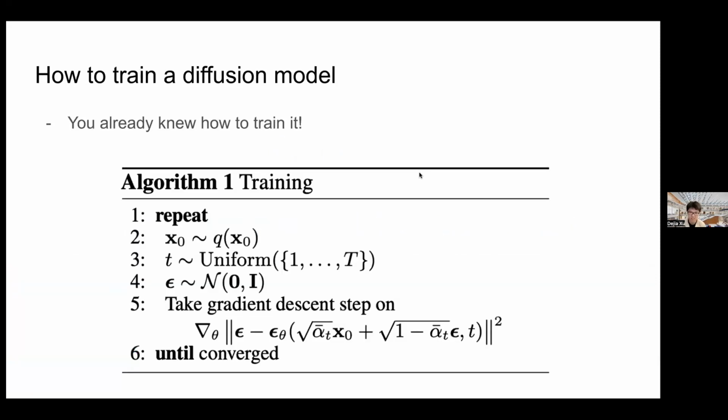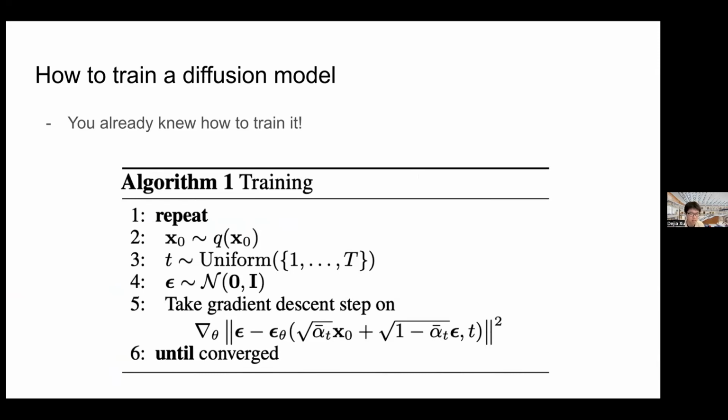A natural question is how to train a diffusion model. The good news is that you already know how to train it because the training for a diffusion model is very simple. Let's take a look at this step-by-step algorithm. In each training iteration, we first sample a clean image, which is x0, like we used previously.